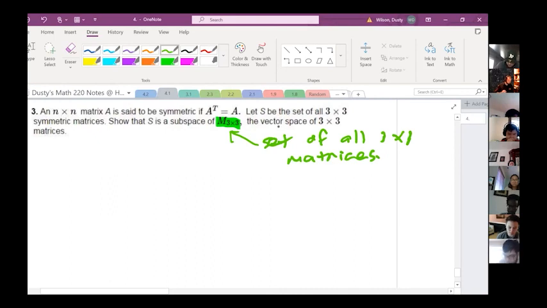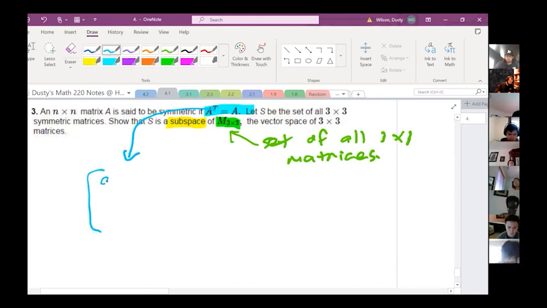Okay, so if we want to show that it's a subspace, what are the 3 conditions that we need to prove? We got to show that there's a 0 vector. We got to show that it's closed under addition, and we got to show that it's closed under scalar multiplication. Thank you, Felix, Ryan, and Anthony. That's exactly right. So maybe think about what these symmetric matrices look like.